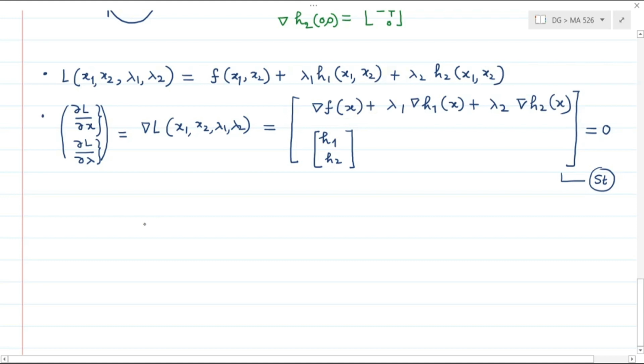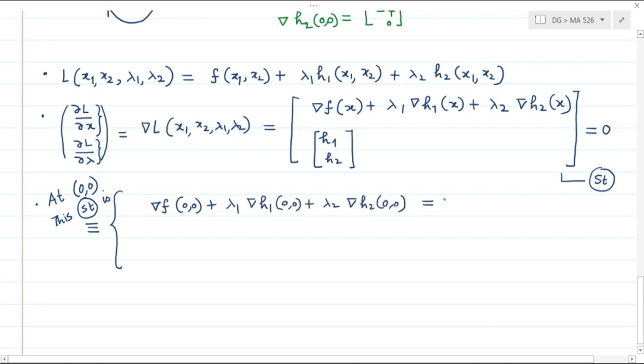This is equivalent to, at (0, 0), this stationarity system being the following: grad f(0, 0) plus lambda 1 grad h1(0, 0) plus lambda 2 grad h2(0, 0) is equal to 0, and you obviously have the second components, h1(0, 0) equal to 0 and h2(0, 0) equal to 0.